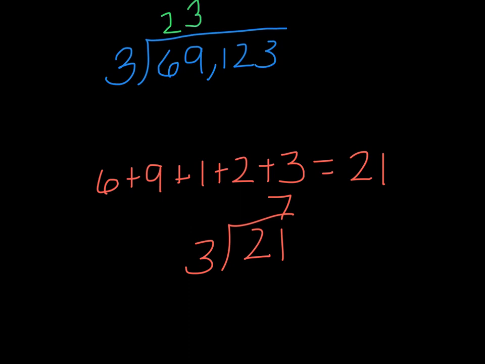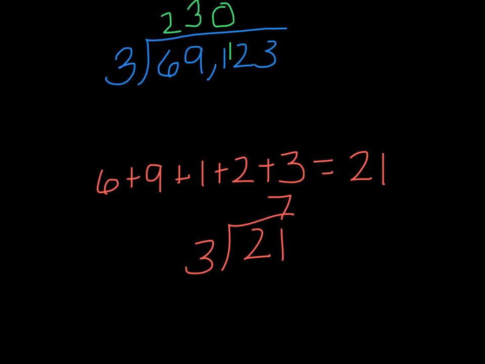And then we have 3 times 3 equals 9. So 9 minus 9 equals 0. 3 goes into 1 0 times. 0 times 3 equals 0. 1 minus 0 equals 1. So we carry the 1.